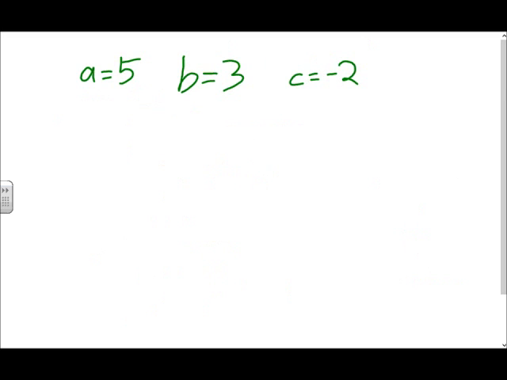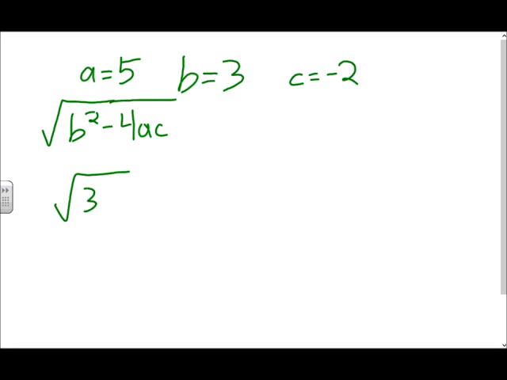Now here's another one for radical expressions. Same expression here. It's b squared minus 4ac. And then so just plug that all in. You get 3 squared minus 4 times 5 times negative 2.